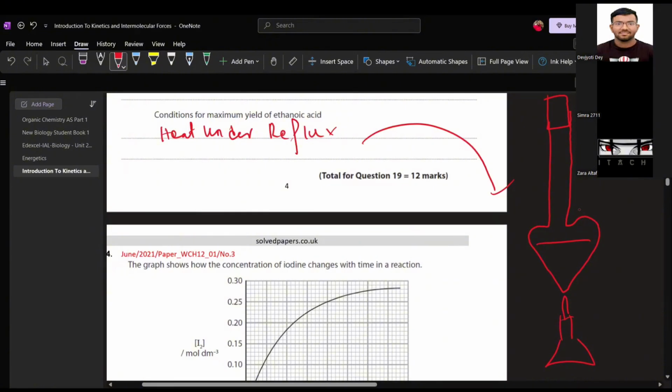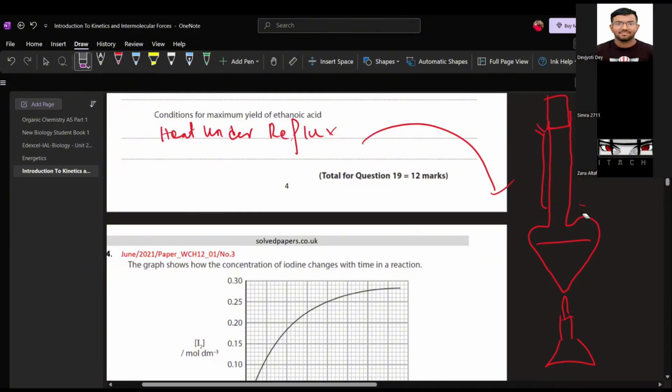What happens is that not all of the ethanoic acid evaporates. Some of it evaporates, and the fun fact is that some of them... Sorry, I forgot, there is a condenser here. Have you seen a condenser at least?